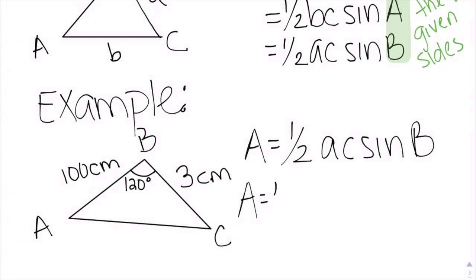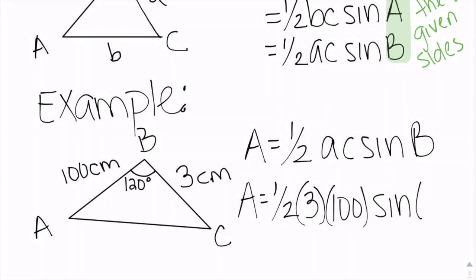And so now we're going to fill in all that and substitute. So the area equals 1/2 times A, which is 3, times C, which is 100, times the sine of angle B, which is 120.